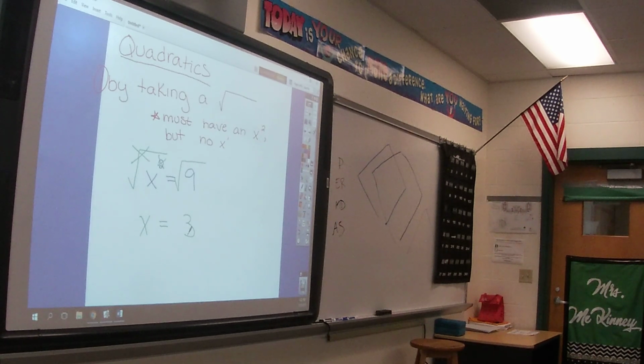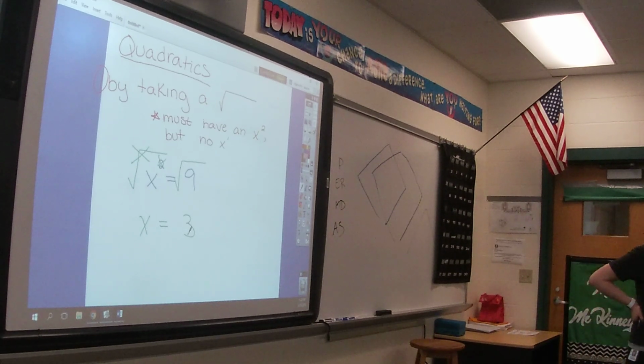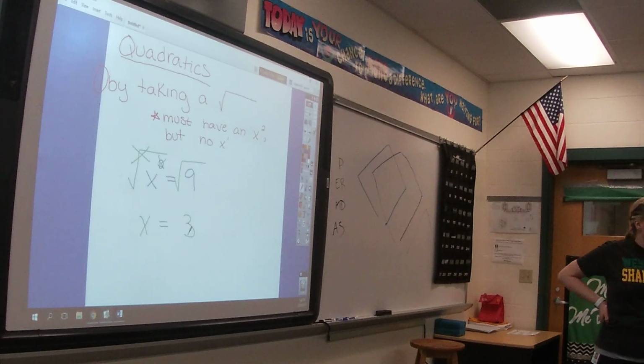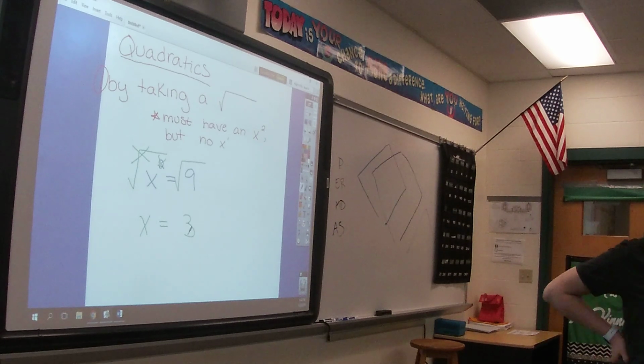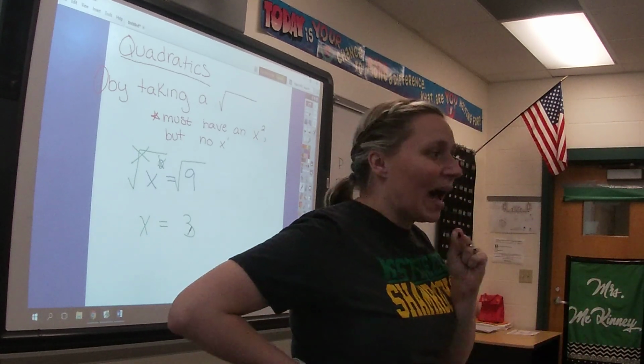However, this problem did not ask us to take a square root. The problem said x squared equals 9. No square root involved whatsoever. Right? We added the square root to help us get x by itself. So if we ever have to add the square root ourselves, we have to consider this fact.